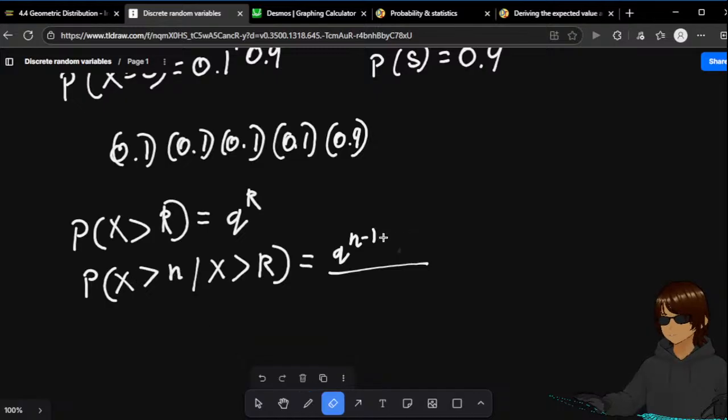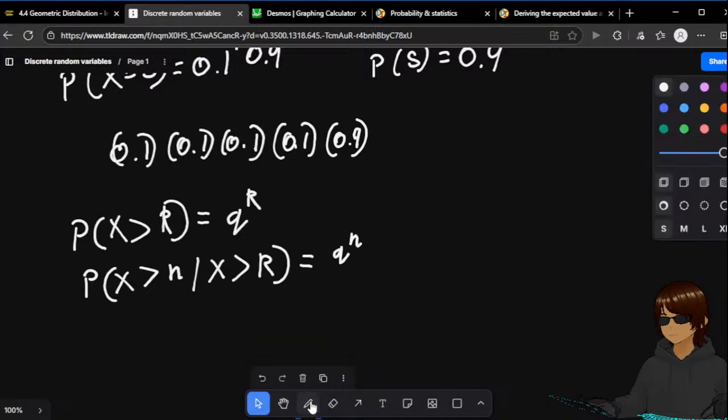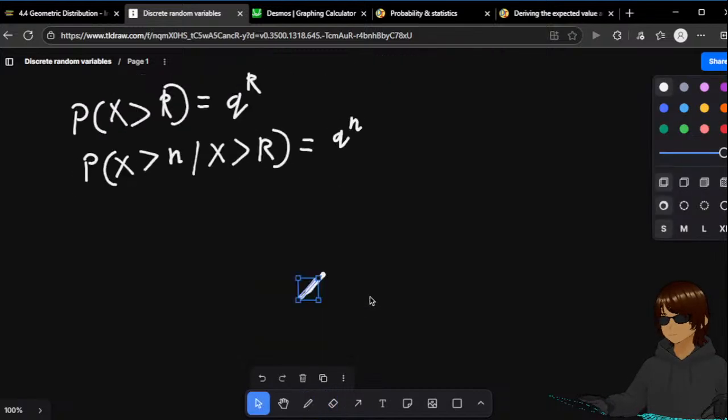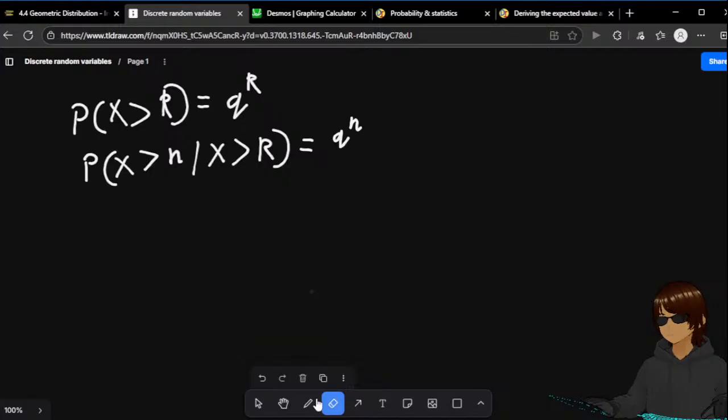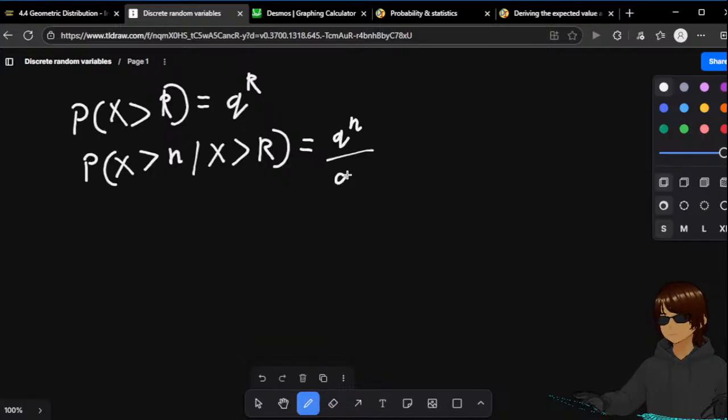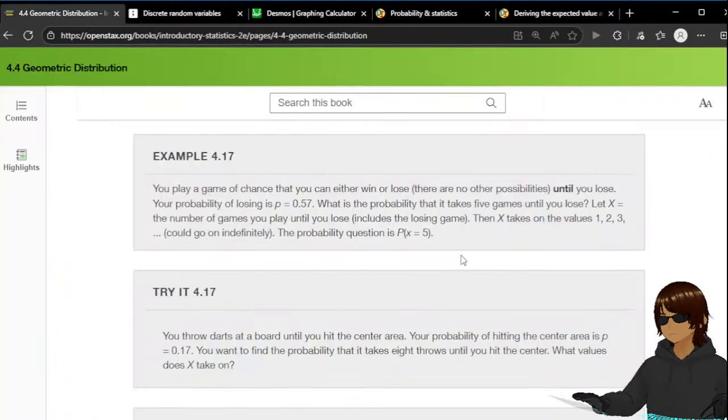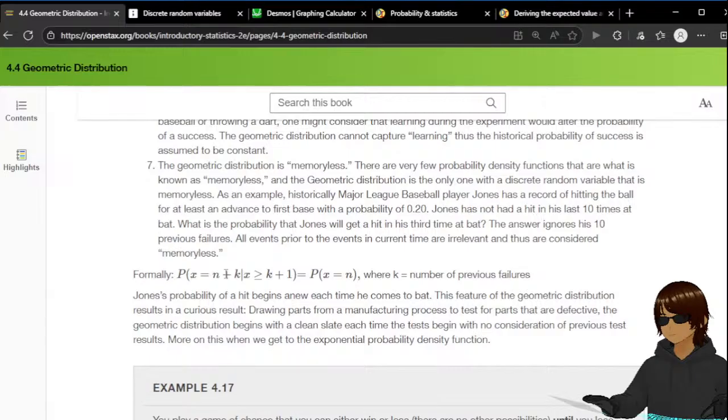No, not this, just n. Divided by q to the power of k is equal to... what is the memoryless property? N plus k, number of previous failures.